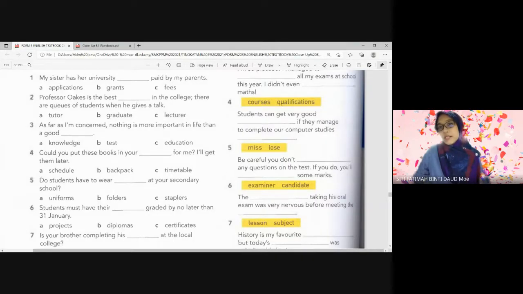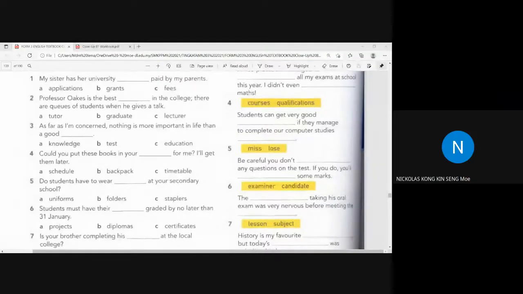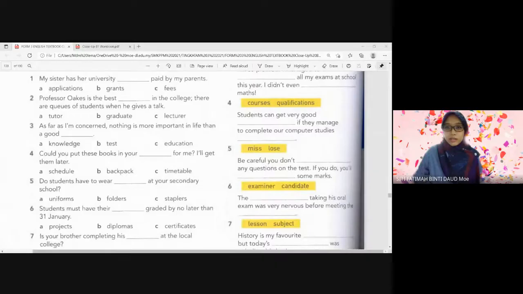Qualifications, just now we discussed qualifications. Oh, no. Just now is applications. Applications is permohonan. What is qualifications? Qualification is your level of study, something like kelayakan. What is your qualification right now? You don't have PT3.